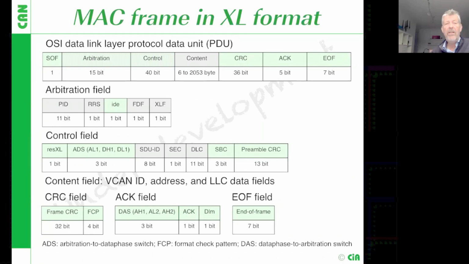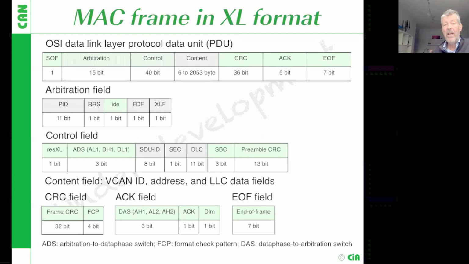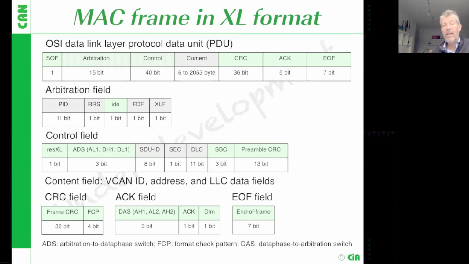We have then an arbitration field of 15-bit, and this arbitration field includes the priority ID, the remote substitution bit, the IDE bit, which is always set by the protocol controller, the FDF bit, and the XLF bit, which comes from the layer above.